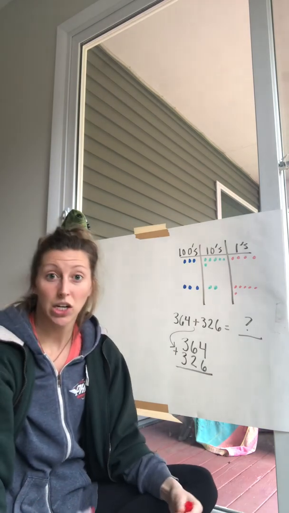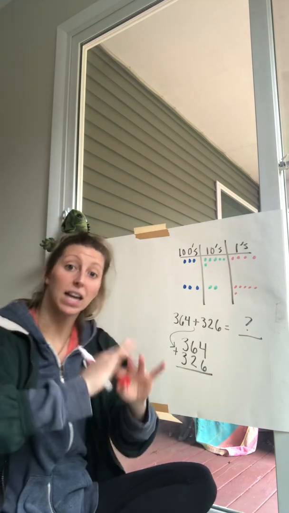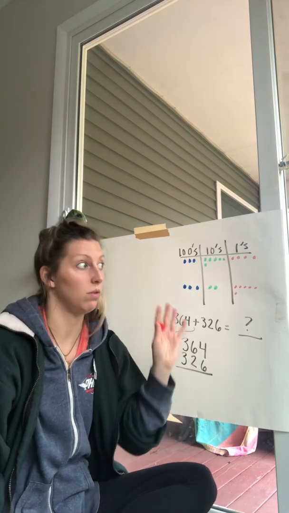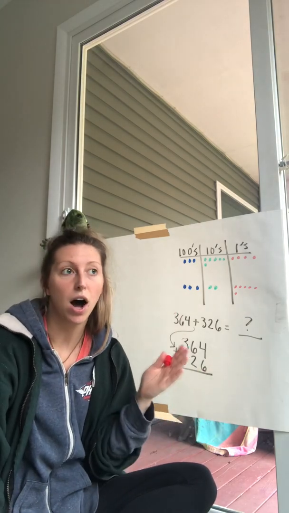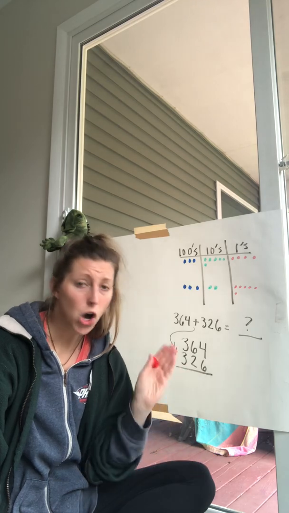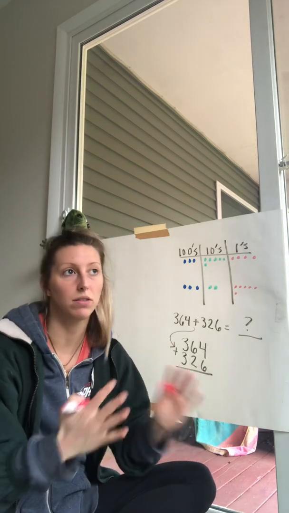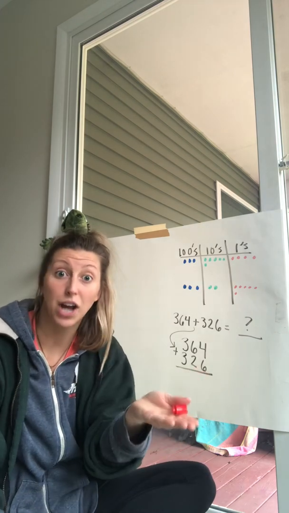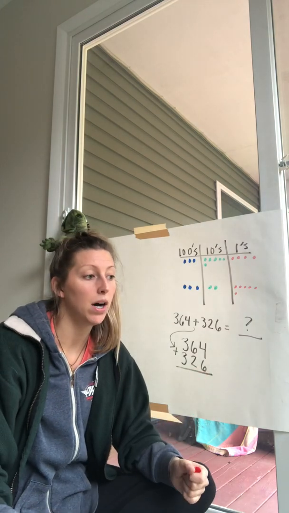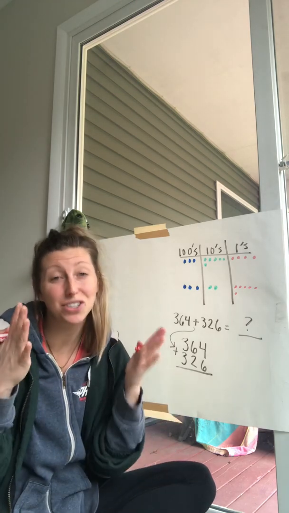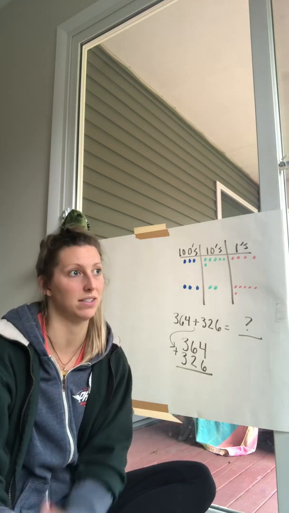Now, we've been doing the arrow way and trying to use mental math, and typically we've always been focused on adding the hundreds first, or moving the hundreds around. But when we do the standard algorithm, we always start with the ones, and you guys totally know that because you've practiced that a lot.